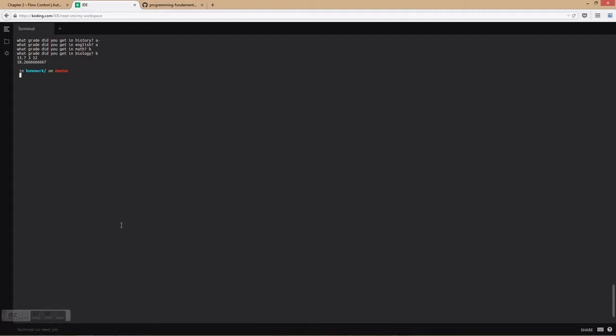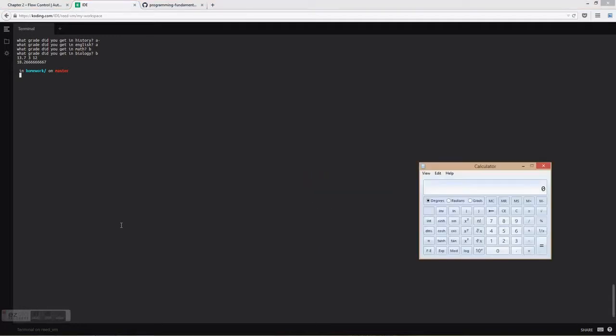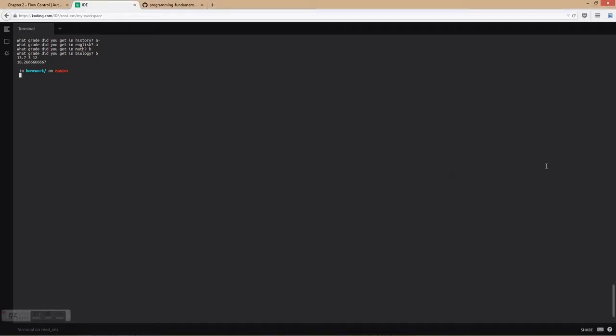So really what we should be getting is 13.7 divided by 12 is 1.14, which is also wrong. But 18.26, I don't know where it's getting that.